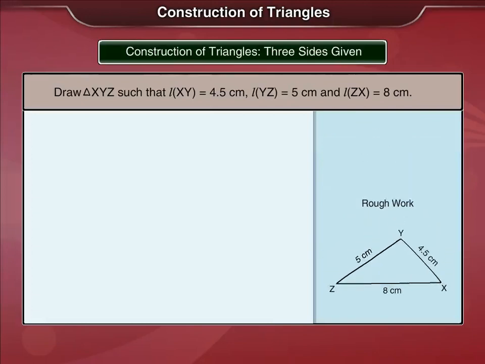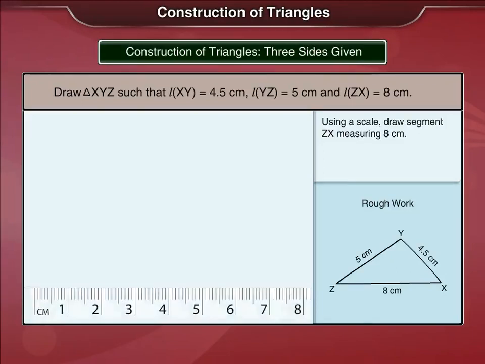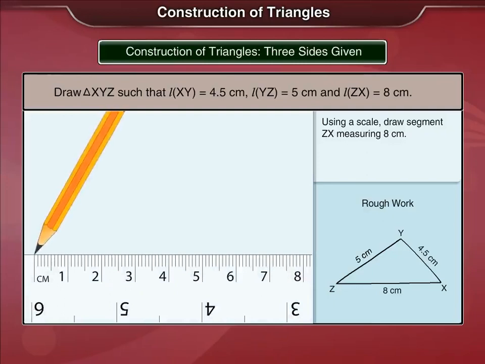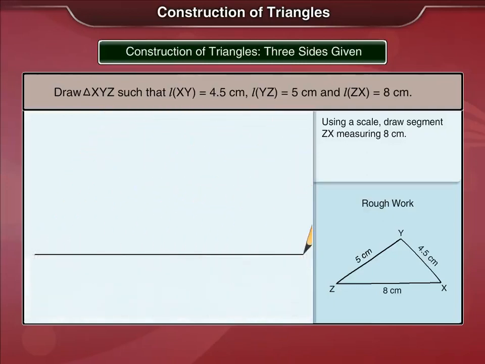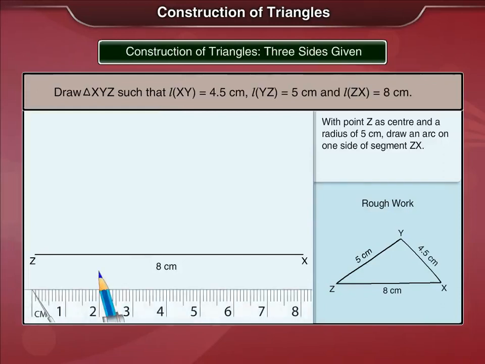With point Z as center and a radius of 5 centimeters, draw an arc on one side of segment ZX. Now, with point X as center and a radius of 4.5 centimeters, draw an arc to intersect the first arc.